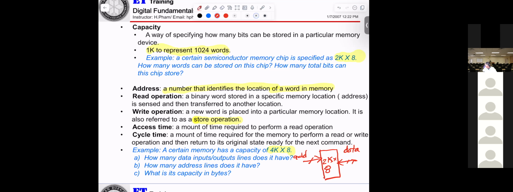Okay, 1K is 1024 words. 2K is 2 times 1024, which is 2048, right?